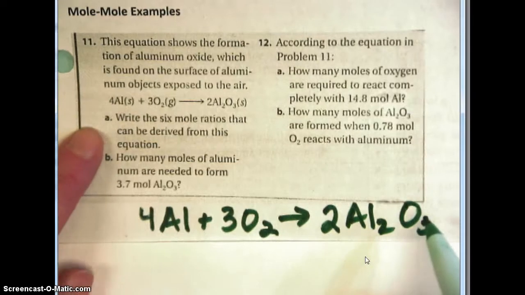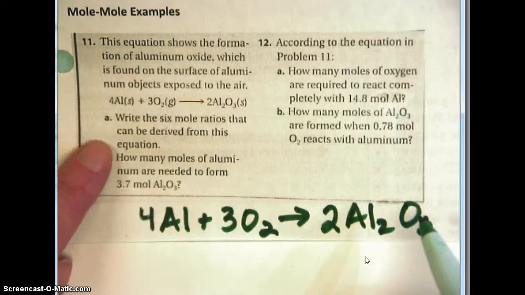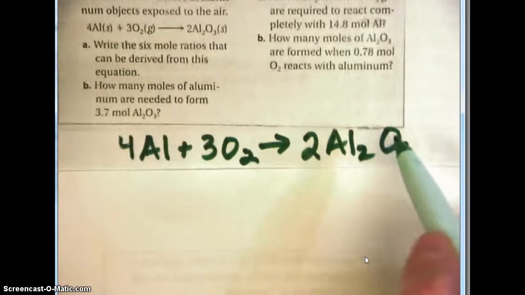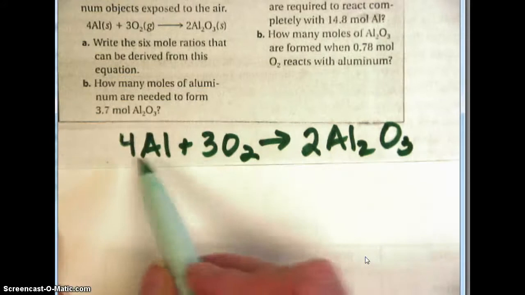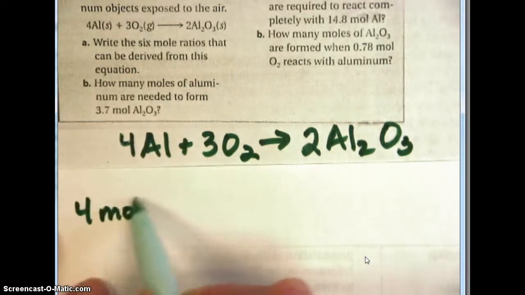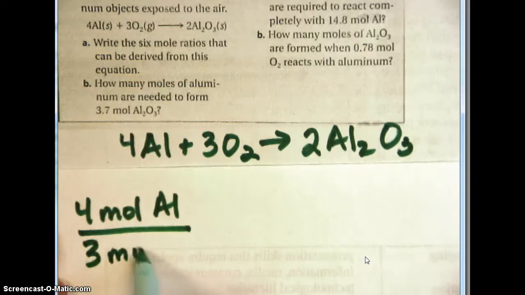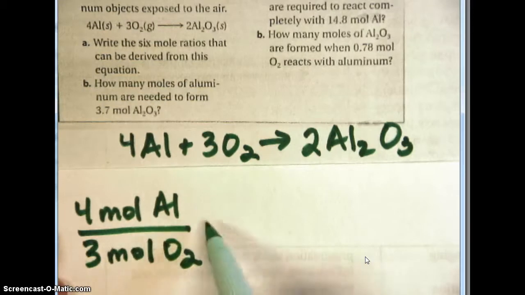So the first question asks, write 6 mole ratios that can be derived from this equation. Okay, and so the first mole ratio would be 4 moles of aluminum react with 3 moles of oxygen.